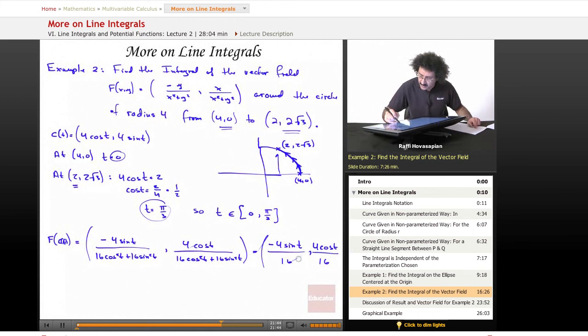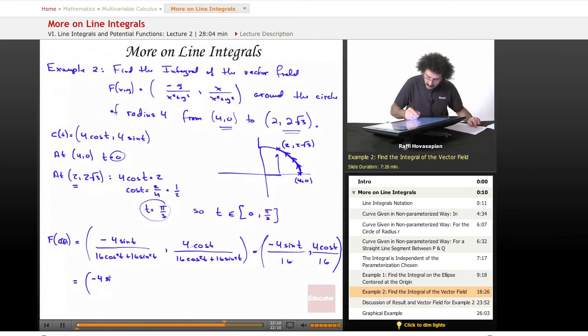Let's get rid of these little random lines that tend to show up in the bottom of the page. Okay, so this is going to equal minus 4 sine t over 16. Oh, this is ridiculous.